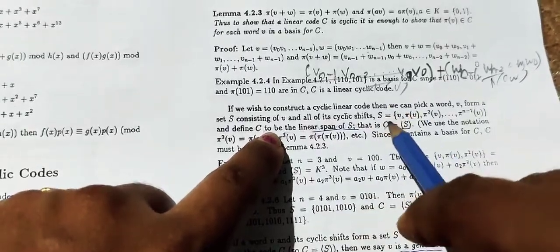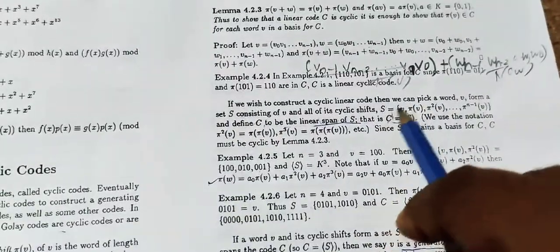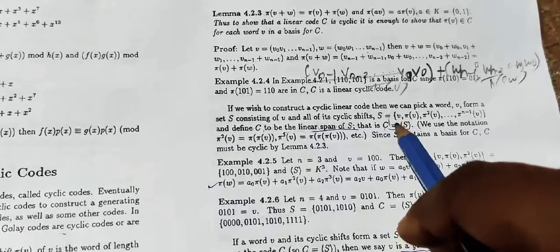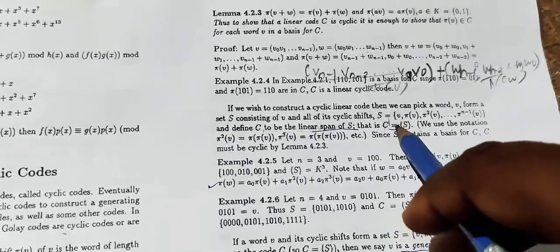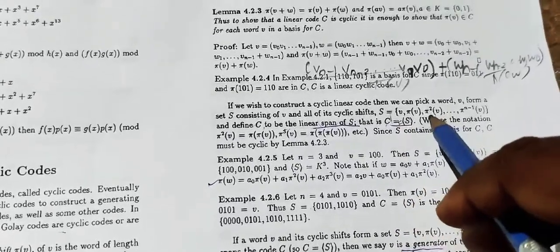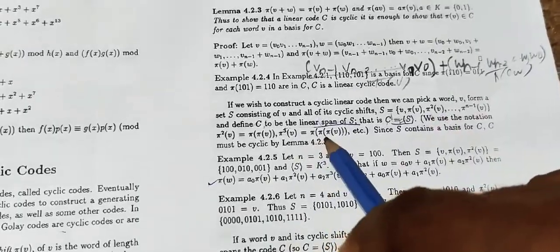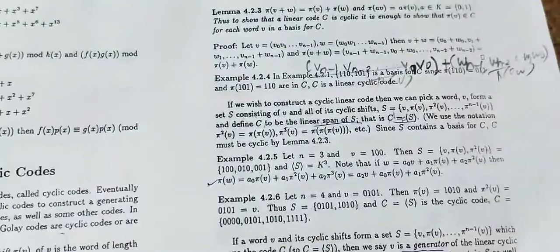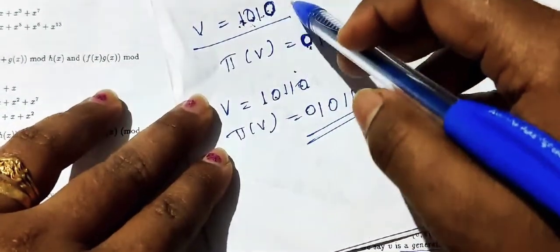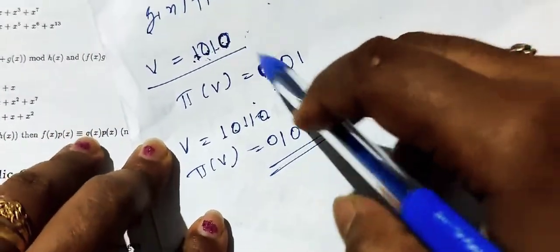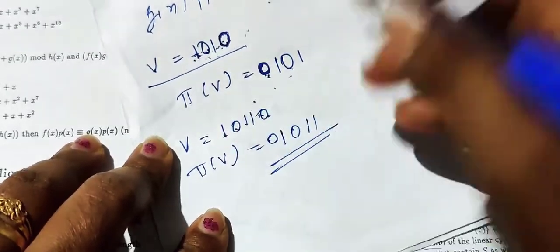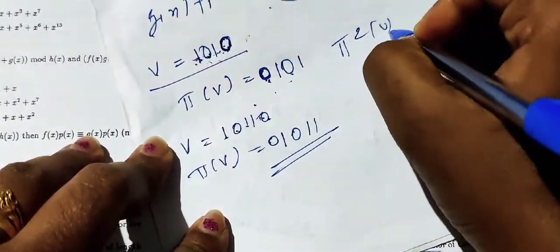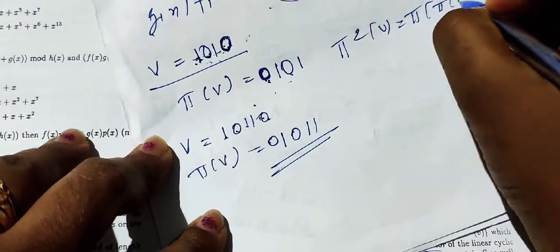That means S is the collection of V, where V is a code word, pi of V is the shifting, and pi square of V means pi of pi of V. So here V is 1010 and pi of V is 0101.